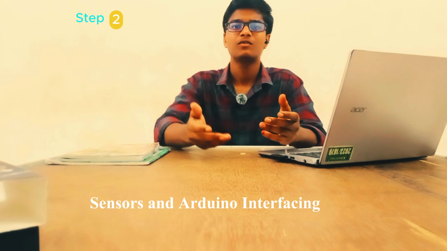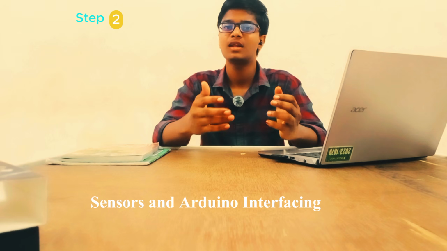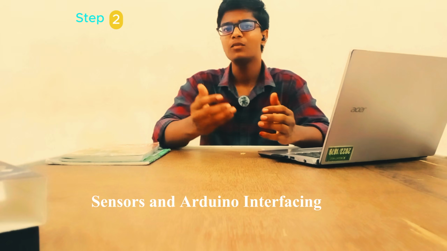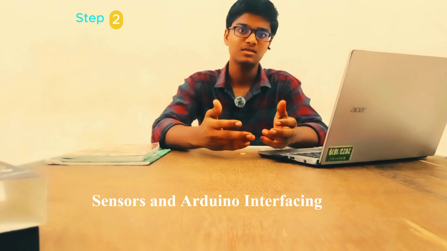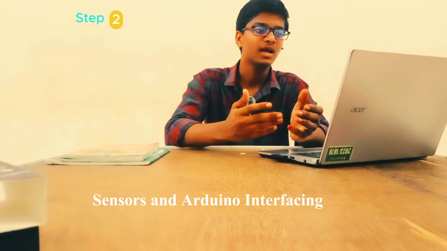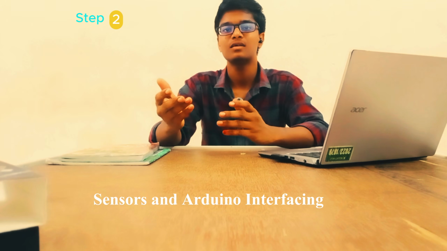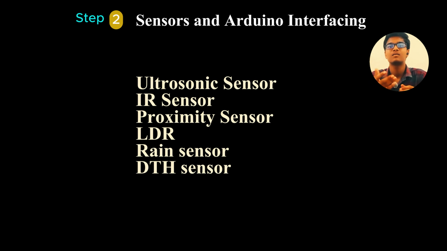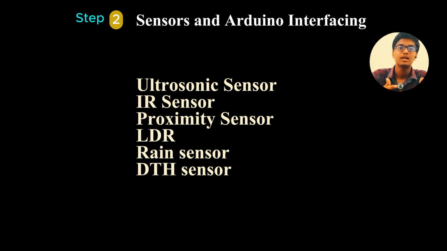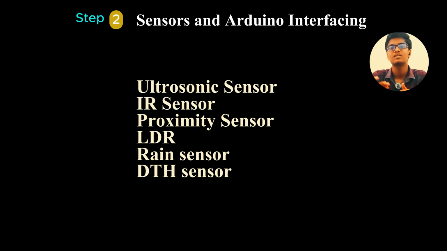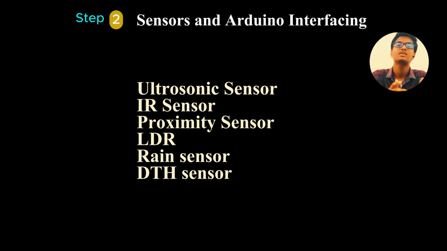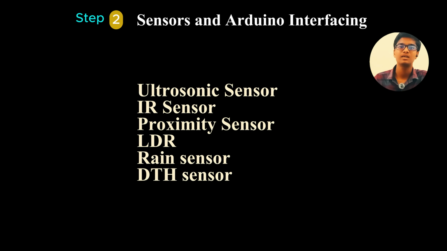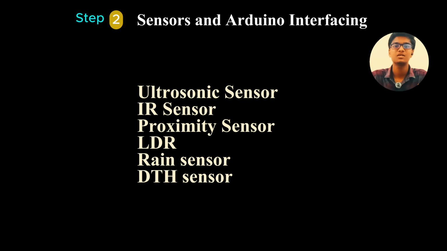You guys might wonder, what are the sensors that I might play with? So I'm going to give you some examples of the basic sensors and actuators that you should interface with Arduino. Here are the sensors: ultrasonic sensor, IR sensor, proximity sensor, LDR sensor, range sensor, DHT sensor, etc. These sensors have their own properties, functionality and working principles.